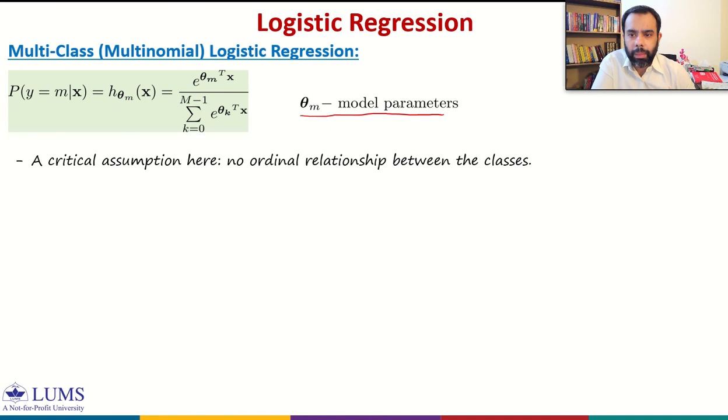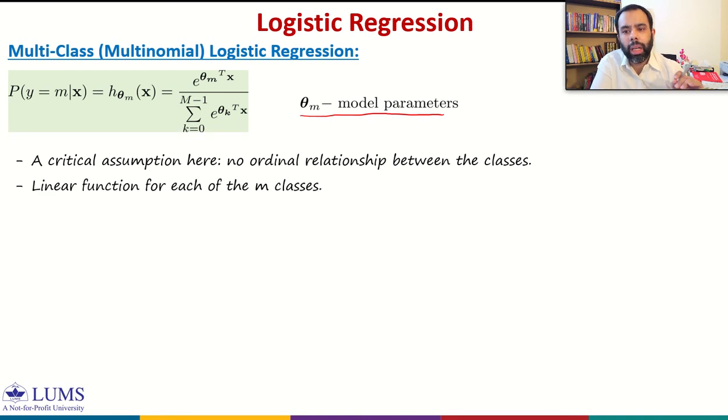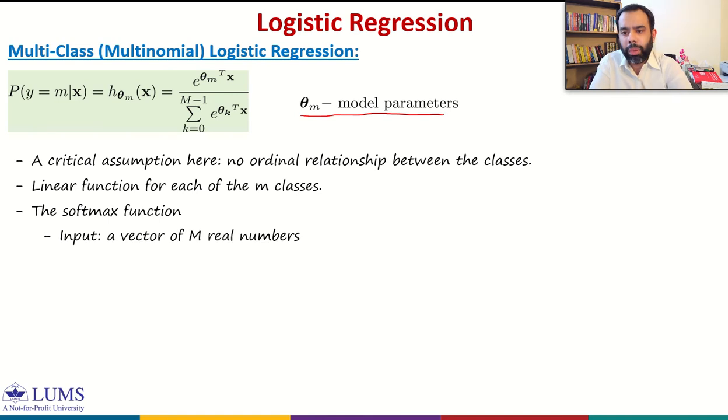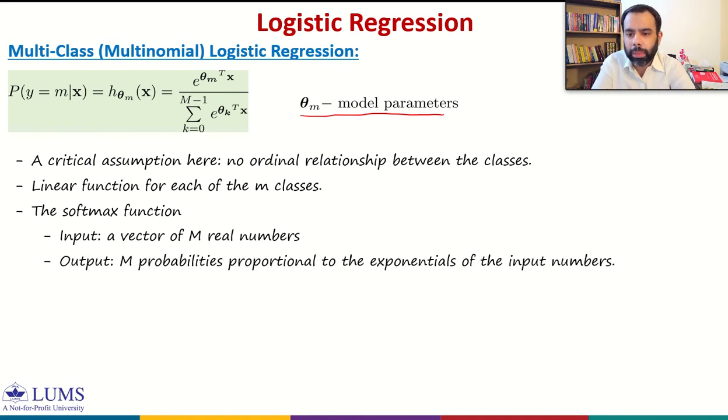So we have a linear function for each of the m classes: theta 0 transpose x for class 0, theta 1 transpose x for the first class, theta 2 transpose x for the second class, and so on. Then we have the softmax function, which takes as input a vector of m real numbers and gives you m probabilities proportional to the exponentials of the input numbers.